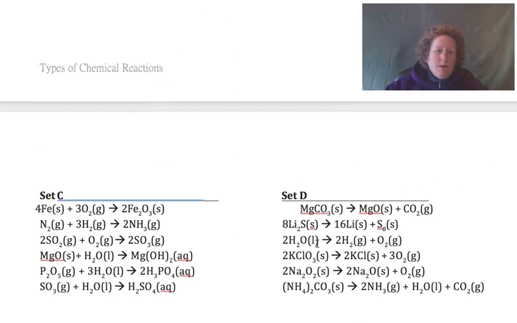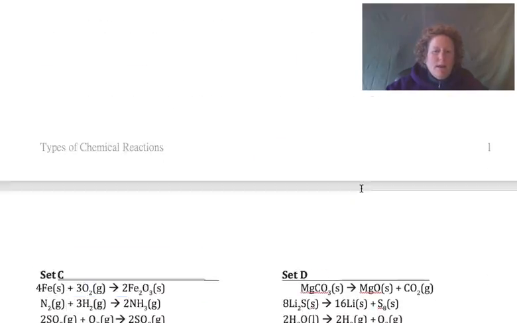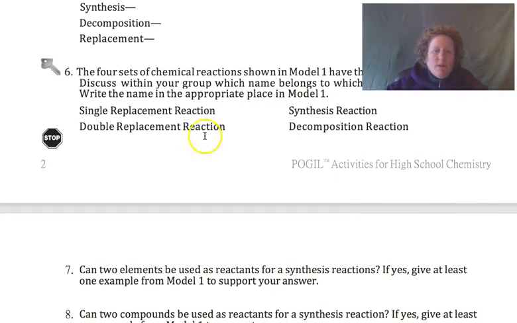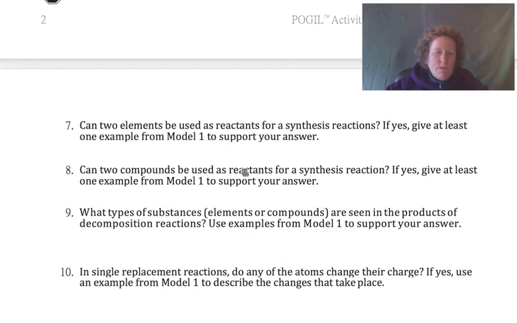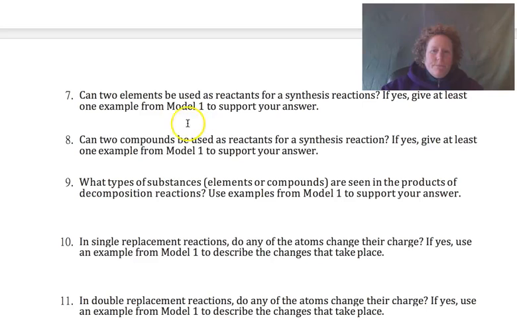So again, go up here to your 4 sets, C, D, A, and B, and label them with these 4 labels here in question 6. Question 7, 8, 9, and 10, you can look closely at the equations and come to some conclusions here.